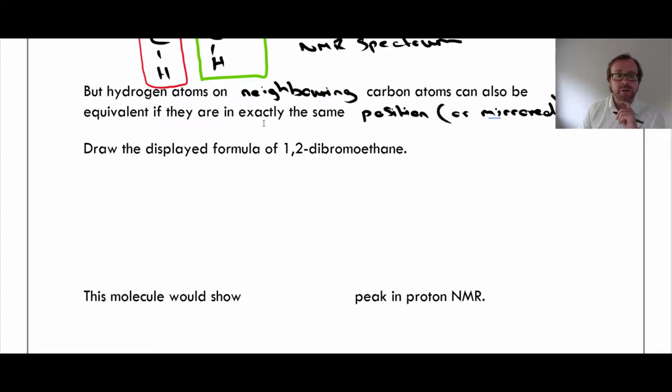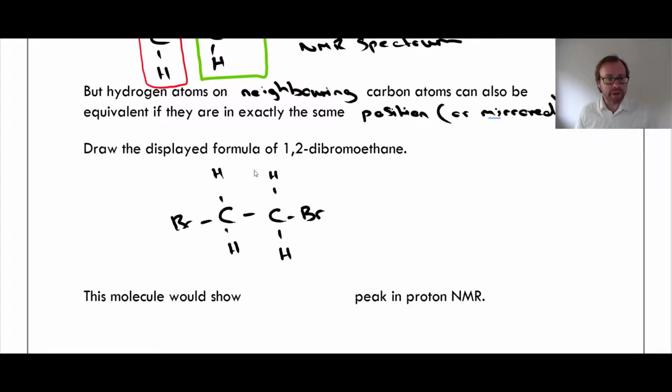I want you to have a go at drawing the displayed formula of 1,2-dibromoethane. Okay, so I'm sure everyone's managed to do this. Now, because this molecule is symmetrical or mirrored, even though we have two carbon atoms, all of these hydrogens are in the same proton environment.